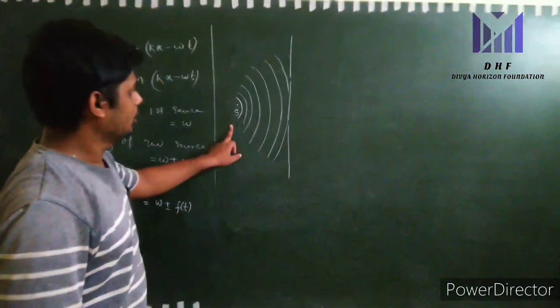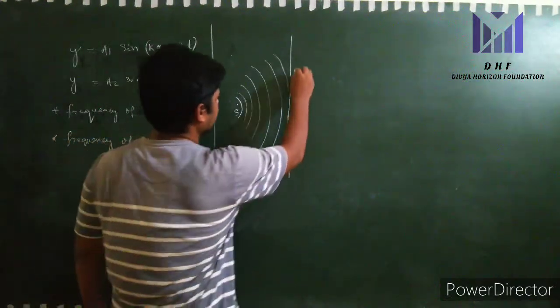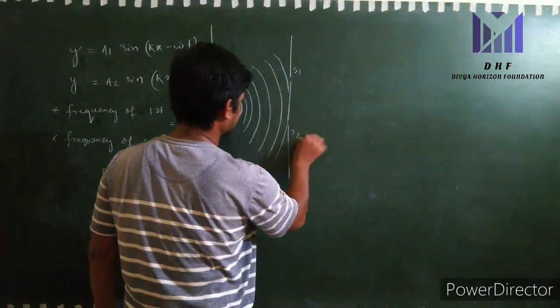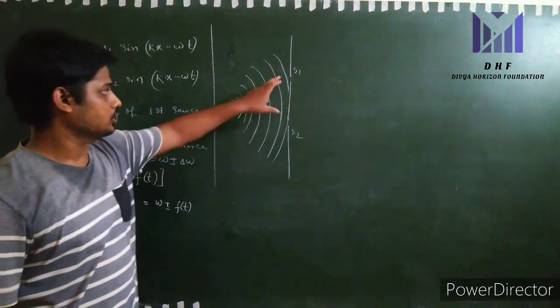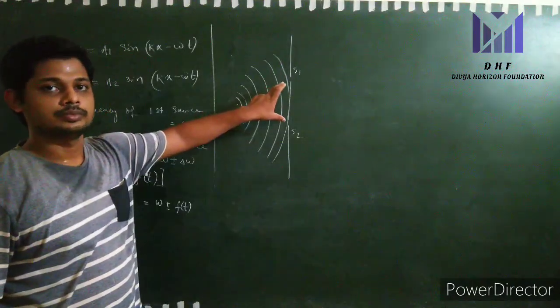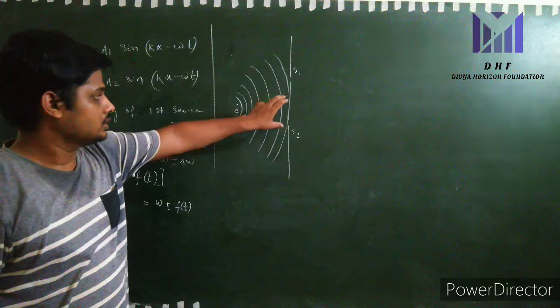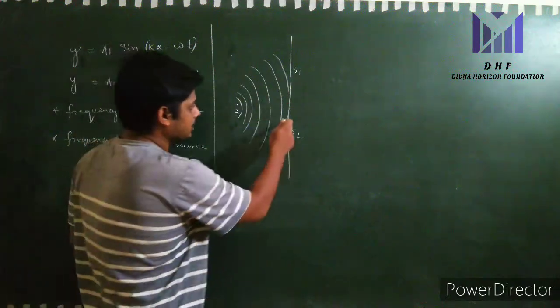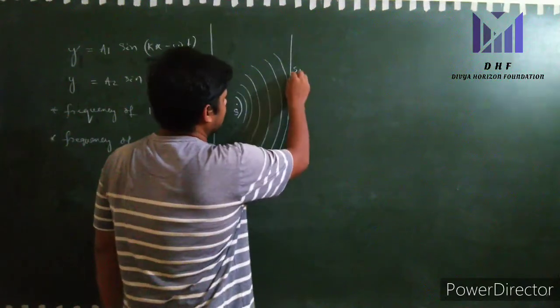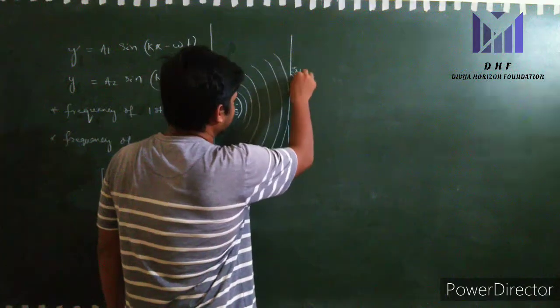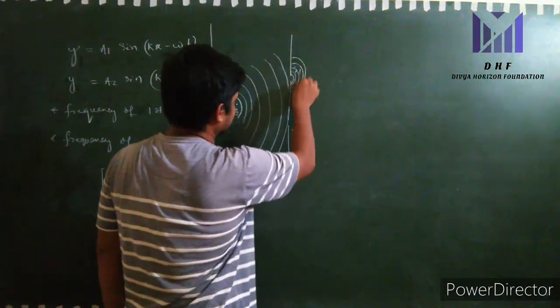When the wavefront falls on the slit S1 and the slit S2, then from these two closely spaced slits, two separate wavefronts emanate.